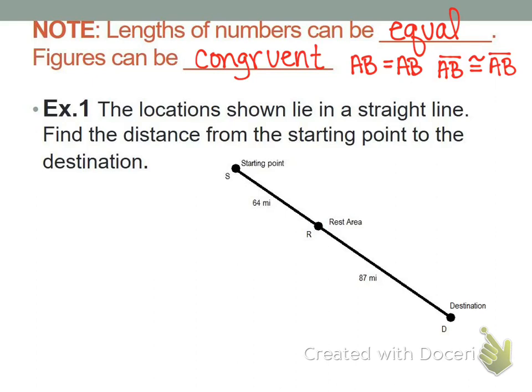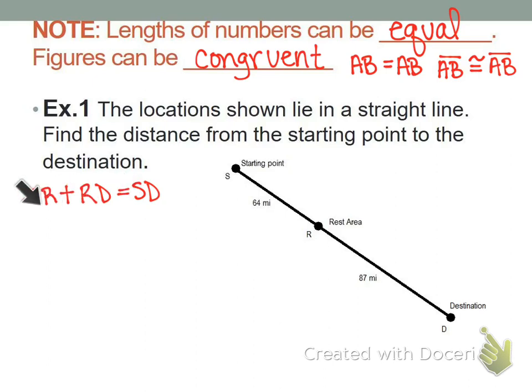Good. So if we were to write out as an equation, the length from our starting point to the rest area, SR, plus the length from the rest area to the destination, RD, is going to give us the whole thing from start to destination.